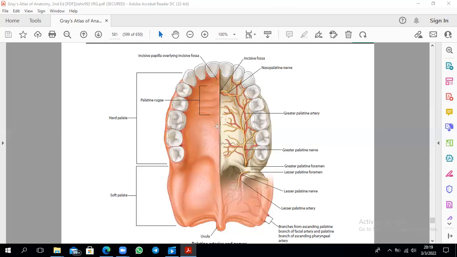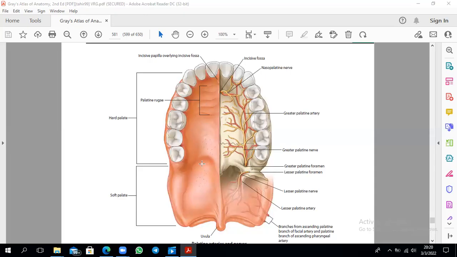Then in terms of nerve supply, you talk about the greater palatine and the nasopalatine nerves. Of course, the branches are coming from the pterygopalatine ganglion. Then lymphatic drainage is into the upper deep cervical lymph nodes, and some of the lymph would drain to the retropharyngeal lymph nodes.